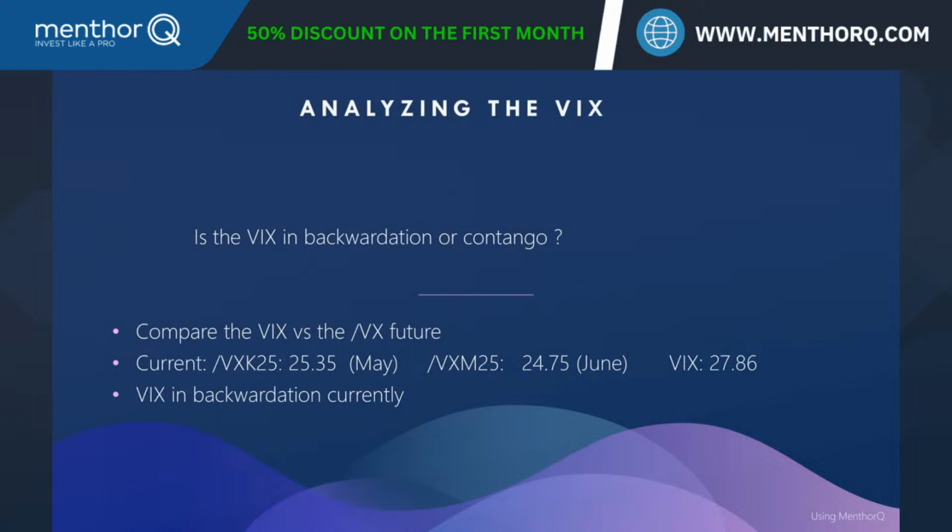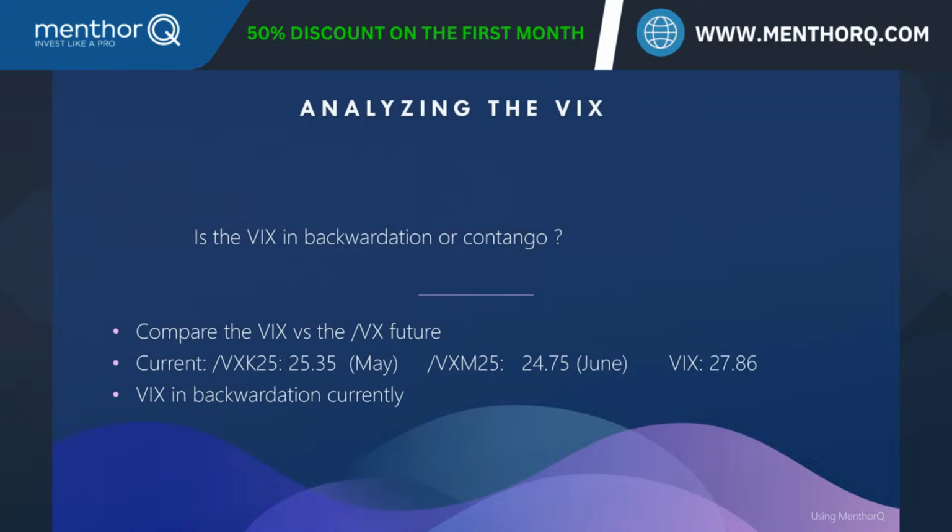These are the futures, and the current VIX is 27. So when the spot VIX is higher than the futures, that's considered backwardation, and it's considered less stable, increased volatility. So we're saying that there's more volatility today than there potentially is next month or the month after. So that's backwardation.